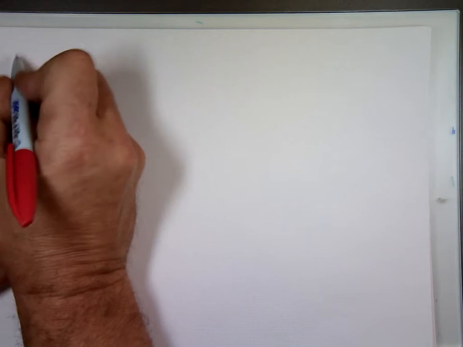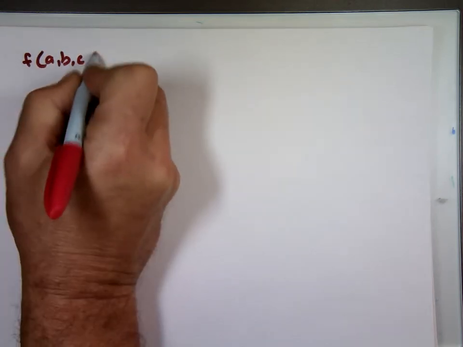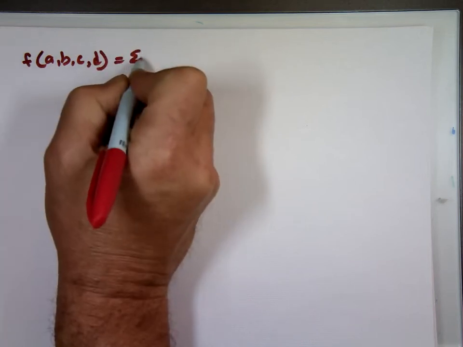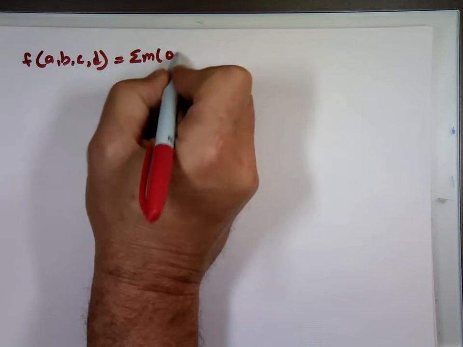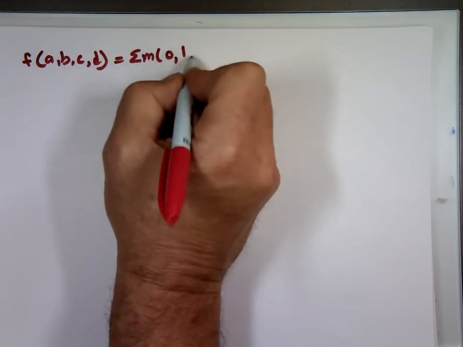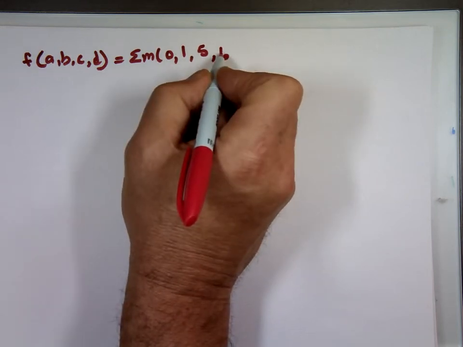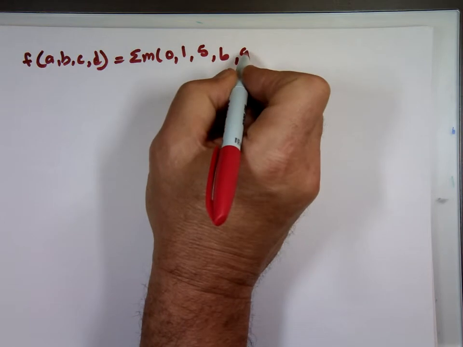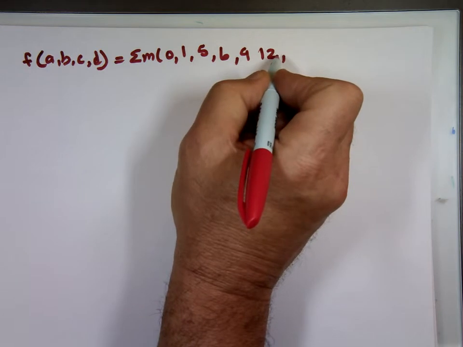F of A, B, C, D again is going to be the summation of, I'll give you the minterms, 0, 1, 5, 6, 9, 12, 14.